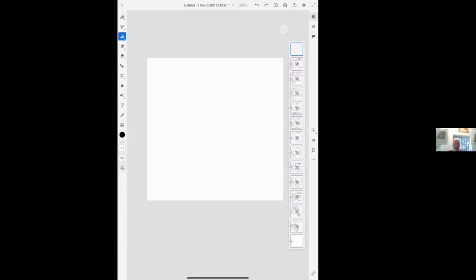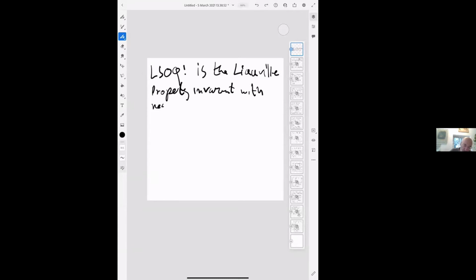A long-standing open question is: is the Liouville property invariant with respect to different generating sets?